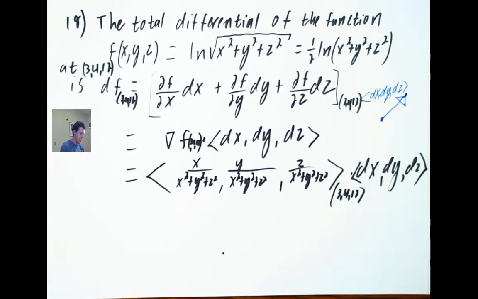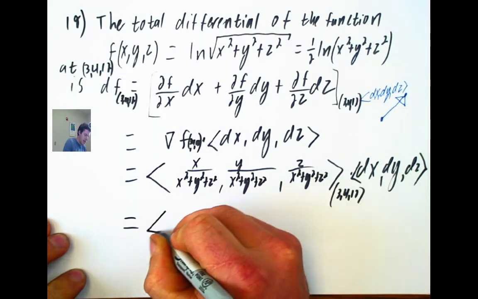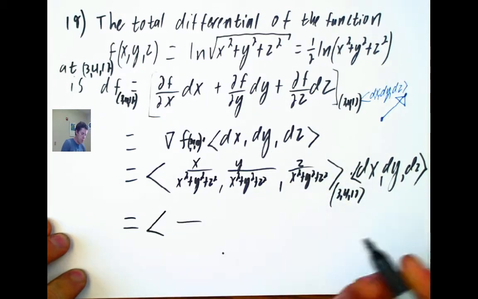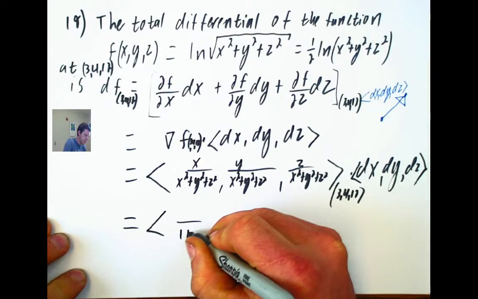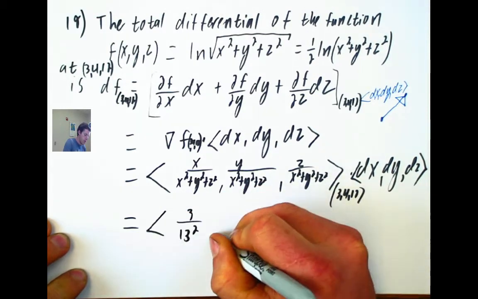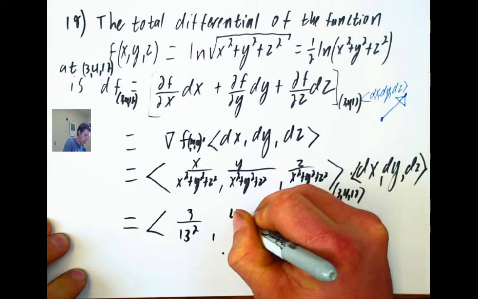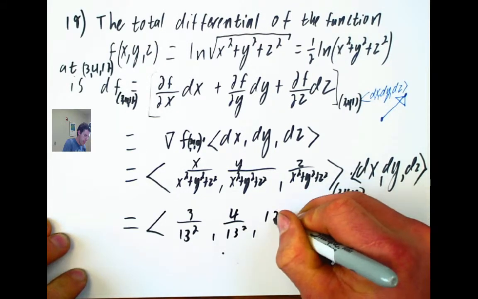116. That's 13 squared. Oh man. Okay, so the denominators of all of these are 13 squared, or 169. And the numerators are 3, 4, 13 squared, and 12.